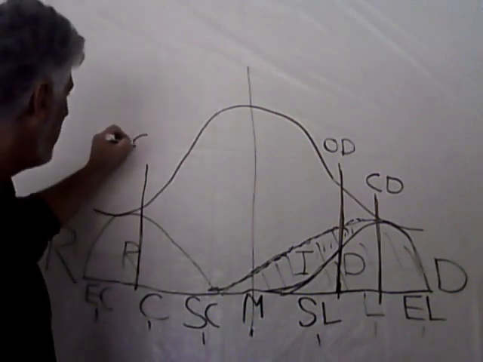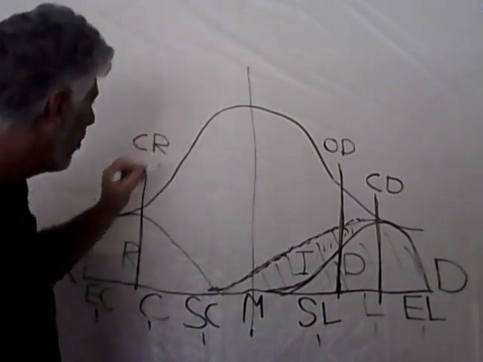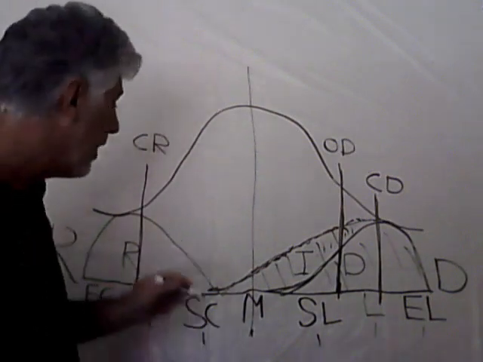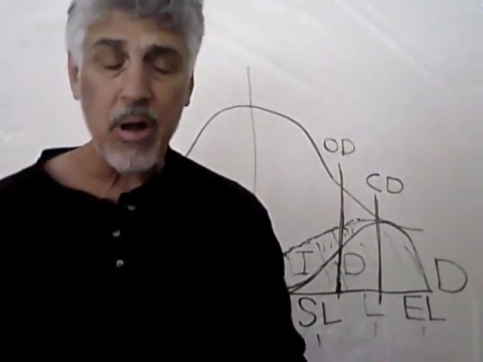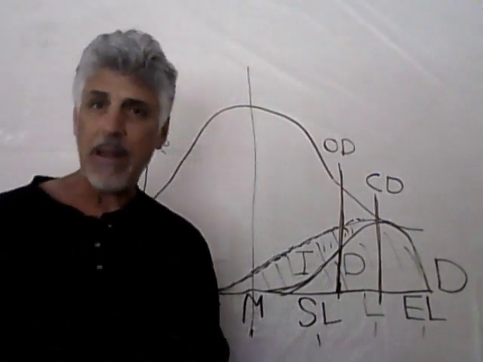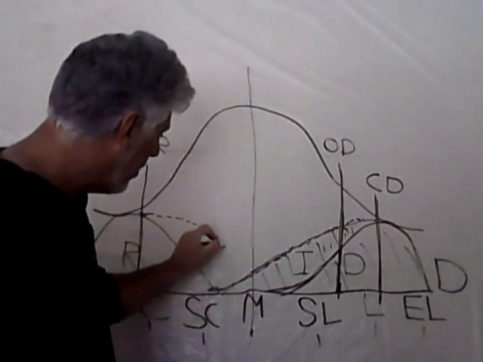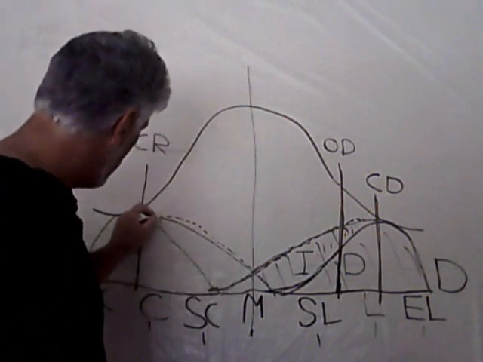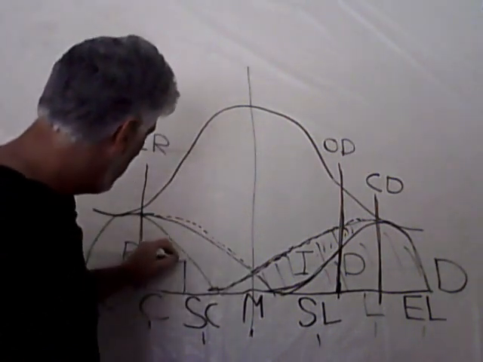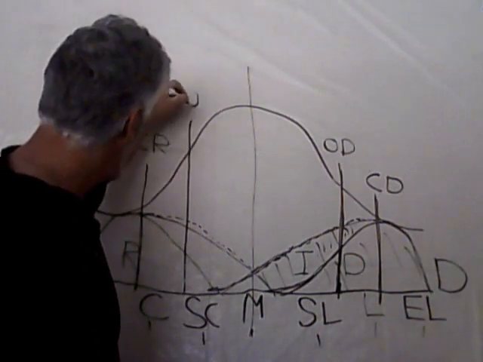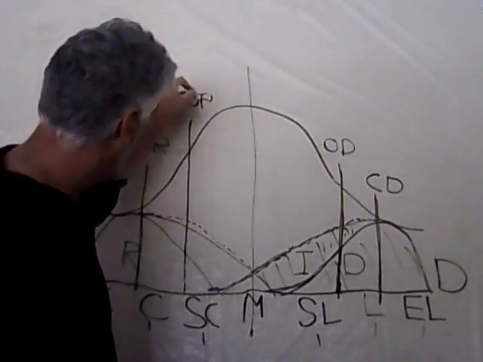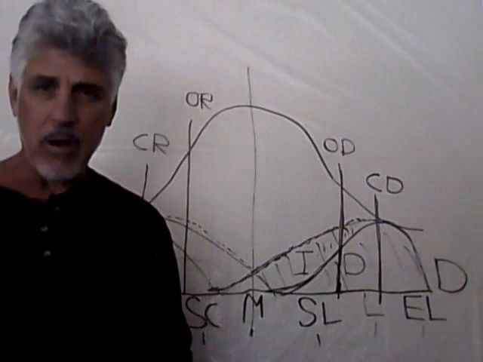So here what we have is a closed Republican primary. Now, if the Republicans have an open primary, then independents are going to participate. And once again, when the independents participate, they're going to move this distribution over. And in an open Republican primary, that's where the median voter is going to be.